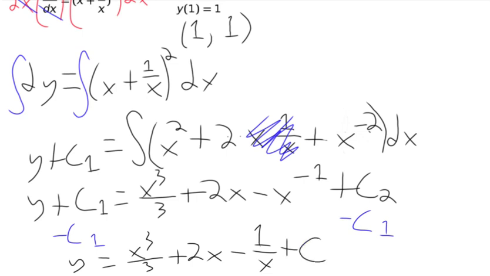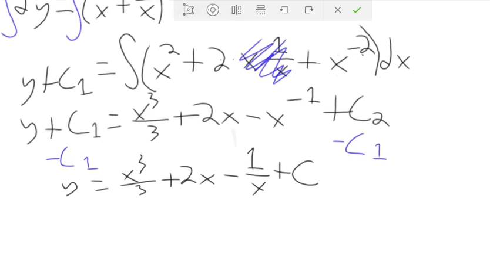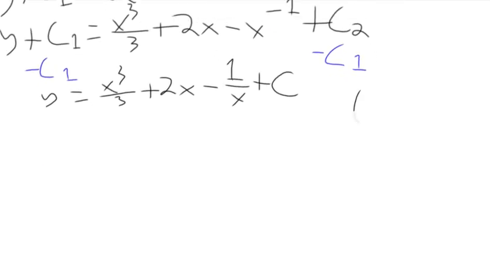Now we solve for y in terms of x, but we have this c here that we have to solve for given this right here. We know that this graph goes through the point (1, 1). So what I have to do is put the point (1, 1) into my y and x values here to solve for c.